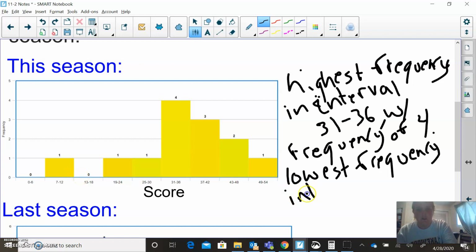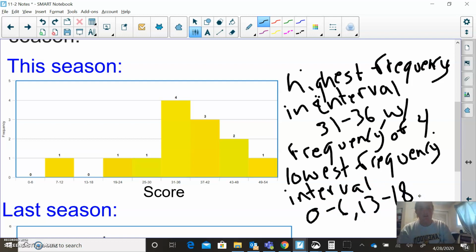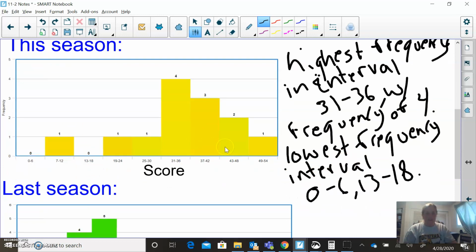In the interval 0 through 6 and 13 through 18. So our highest frequency happened in the interval 31 through 36 with a frequency of 4. Our lowest frequency intervals were 0 to 6 and 13 to 18 with a frequency of 0.